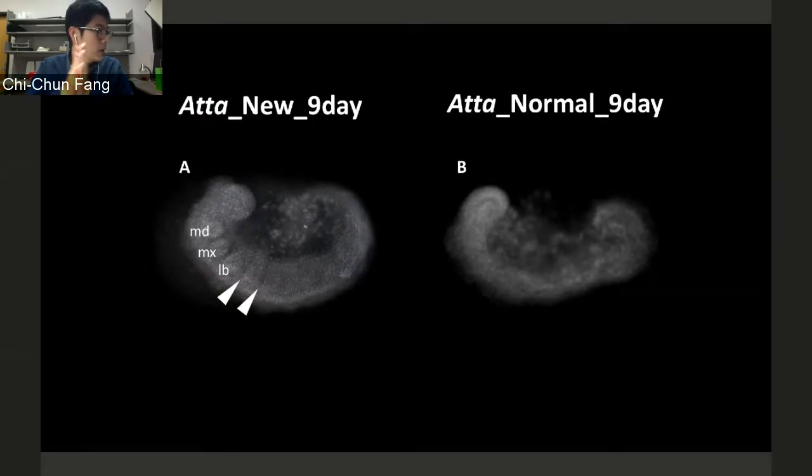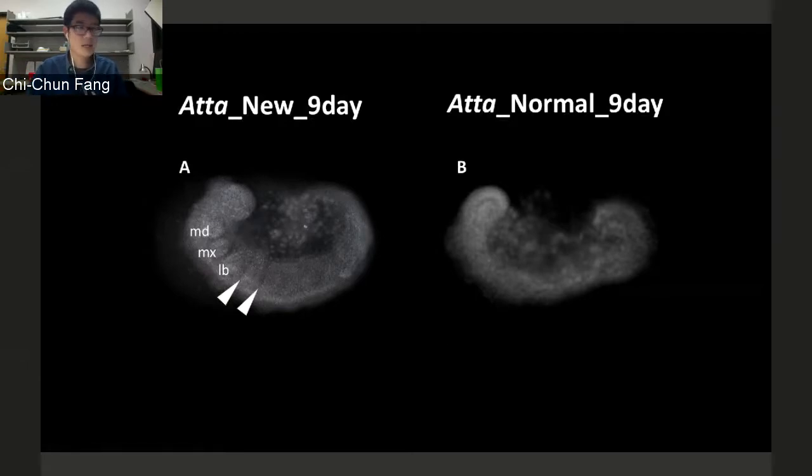I hope you still have the concept of the whole developmental series of Atta texana in your mind. If we compare the eggs laid by those foundresses and the eggs laid by the mature queens on the same day, we can actually see the segmentation happens faster in the foundress-laid eggs.